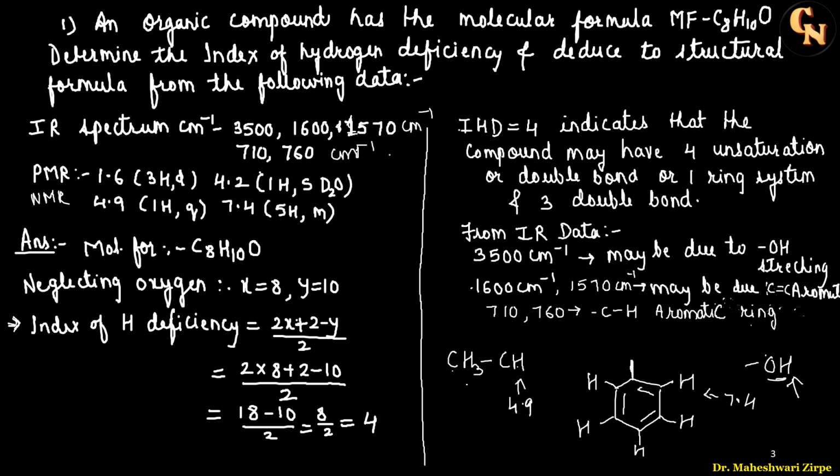Now if you try to solve this like a jigsaw puzzle, you are going to attach all these and try to find out whether it matches our molecular formula. So this CH is there, so this is the group which we attach here, CH, then CH3.